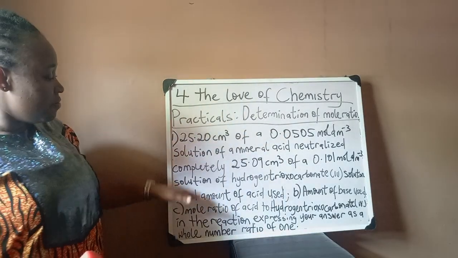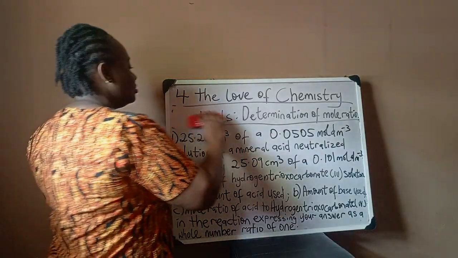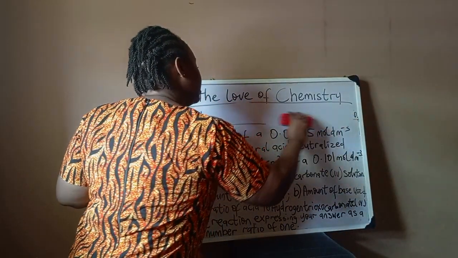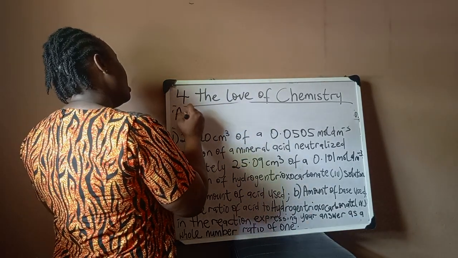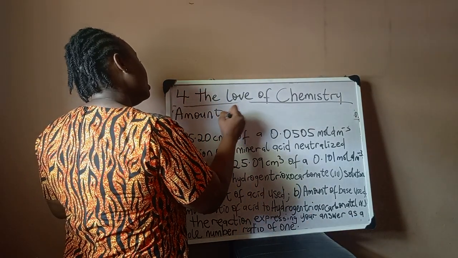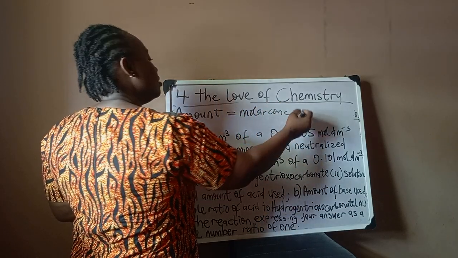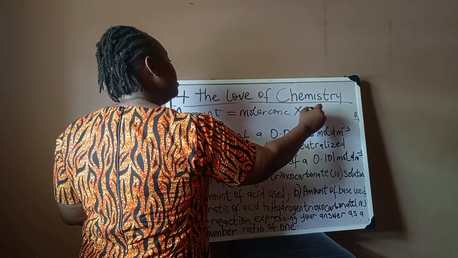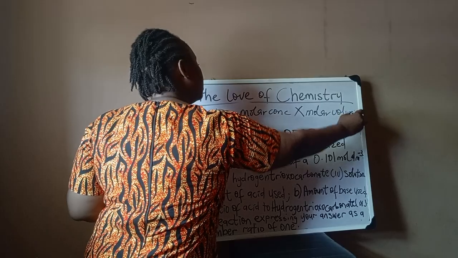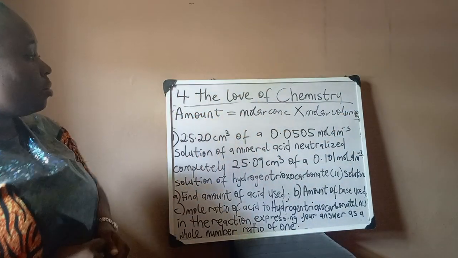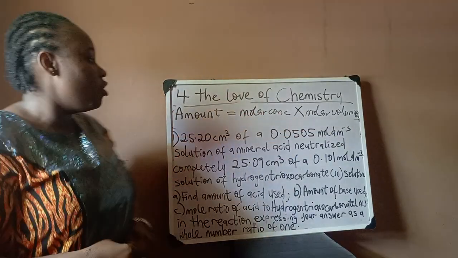Now, the first question says, find the amount of acid used, and the formula for amount is molar concentration multiplied by molar volume. And we all know that molar concentration is concentration in mole per dm cube.